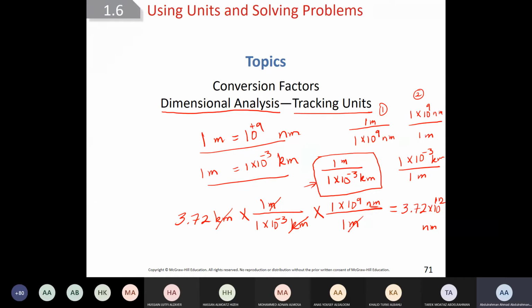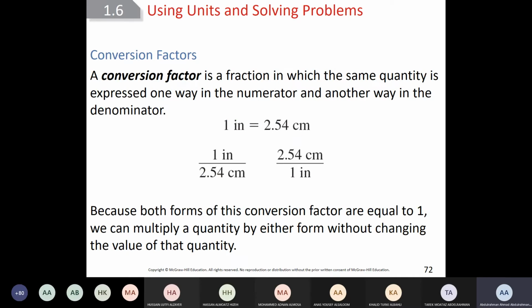Of course, you should memorize this yourself, but sometimes I will give you equalities and I want you to convert things easily. For example, if I say here 1 inch equals 3.54 centimeter, you have to keep this in mind.